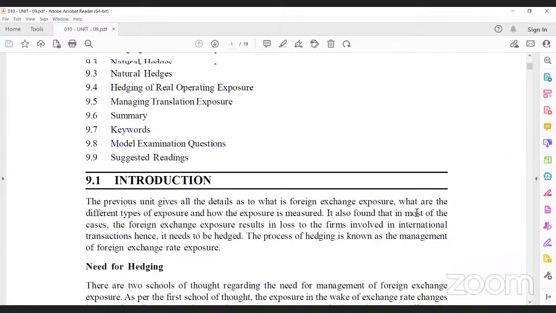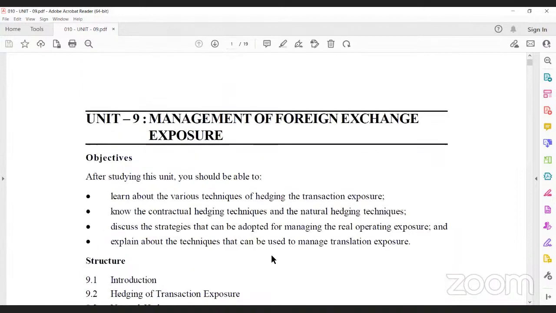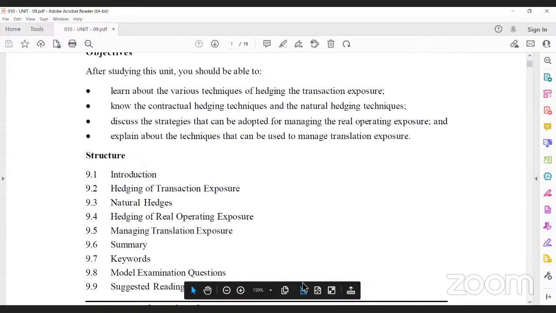Unit 9 is all about management of foreign exchange exposure. In the previous session, we have learned about the various foreign exposure types, calculations, etc. Now let's see how we manage this foreign exchange exposure. Basically, you will be learning about the various techniques of hedging, contractual hedging techniques, natural hedging techniques.